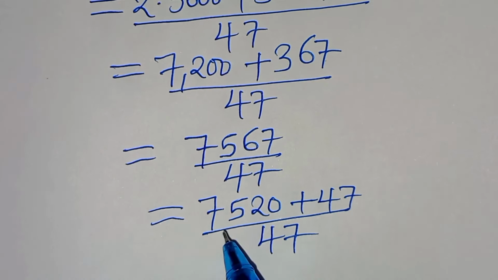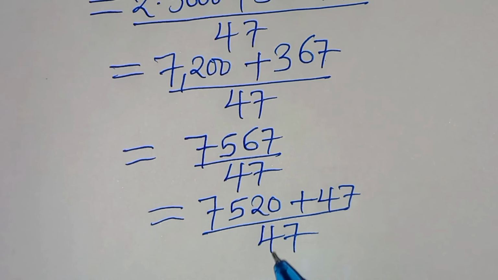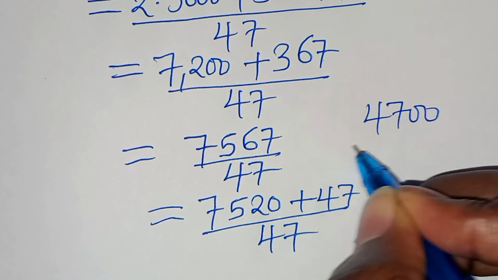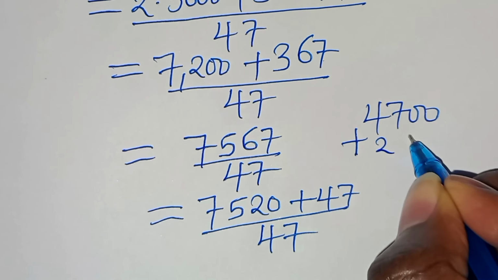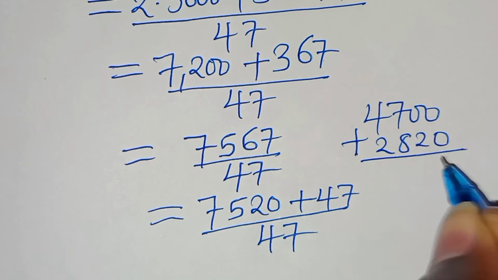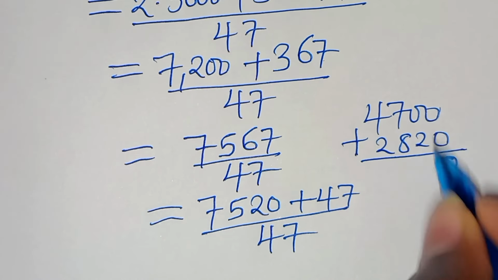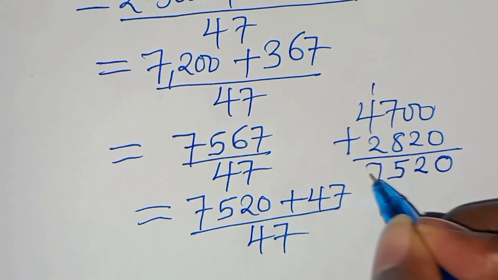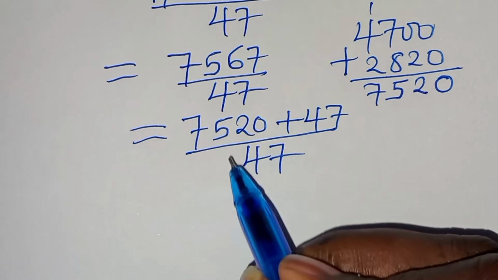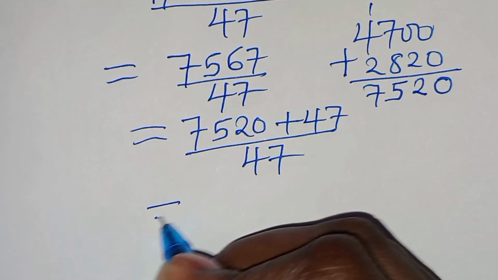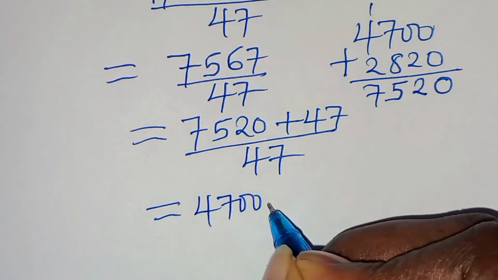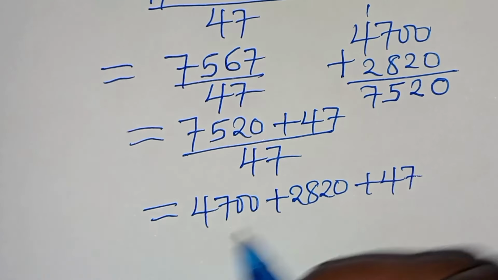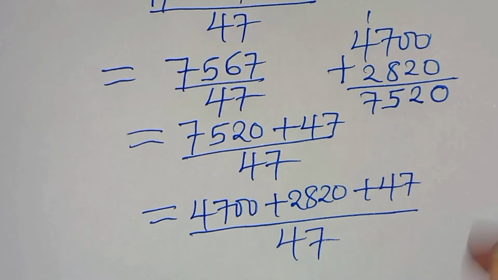Now, we have that 7520 can be written as 4700 plus 2820. 0 plus 0 is 0, 0 plus 2 is 2, 7 plus 8 is 15, carry 1, so here we have 7520. So now we can substitute 7520 with 4700 plus 2820, plus 47, divide everything by 47.